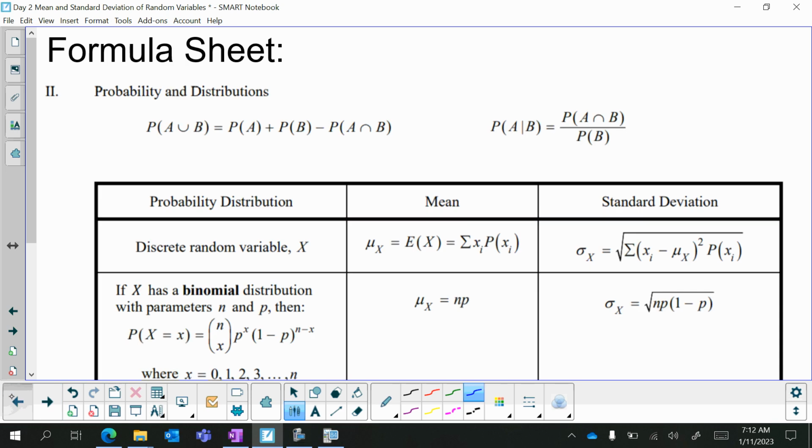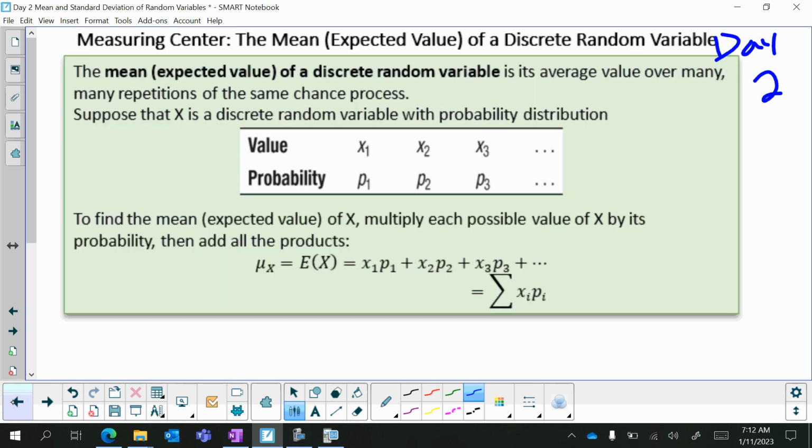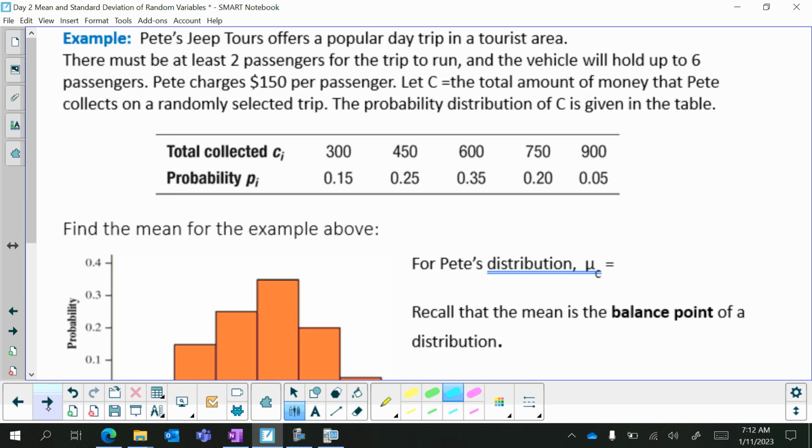All right, so the first thing is another name for the mean, a synonym, is called expected value. It kind of makes sense because if you look at this question in context about Pete's Jeep tours, remember yesterday we did it, he was collecting money for the cost of the Jeep tour per person.